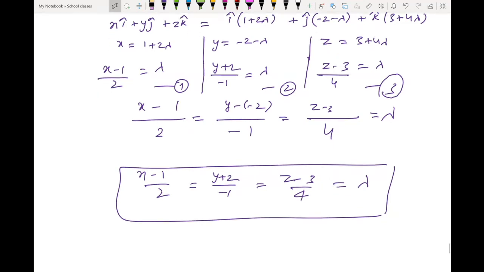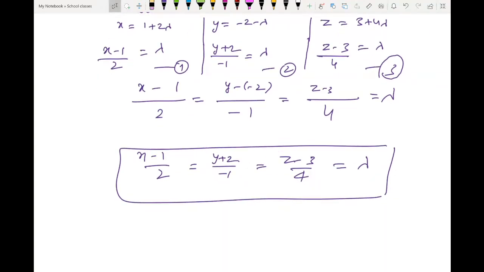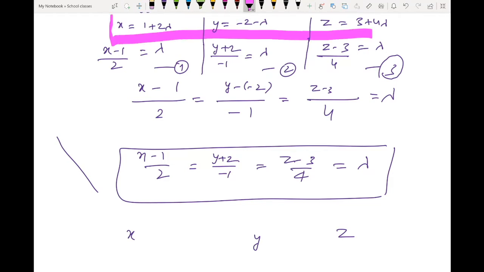See, it was a line, and this is the equation of the line in Cartesian form. If I find the value of x from here, y from here, z from here in terms of lambda, in fact, we already got it from the vector equation.